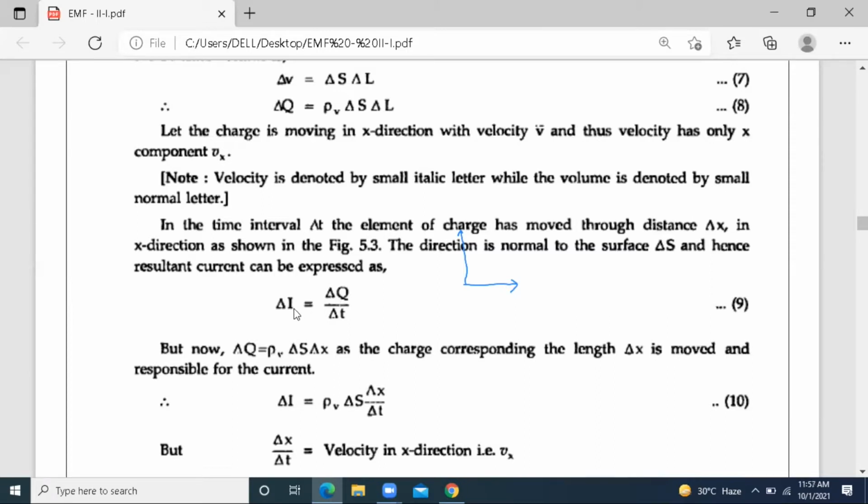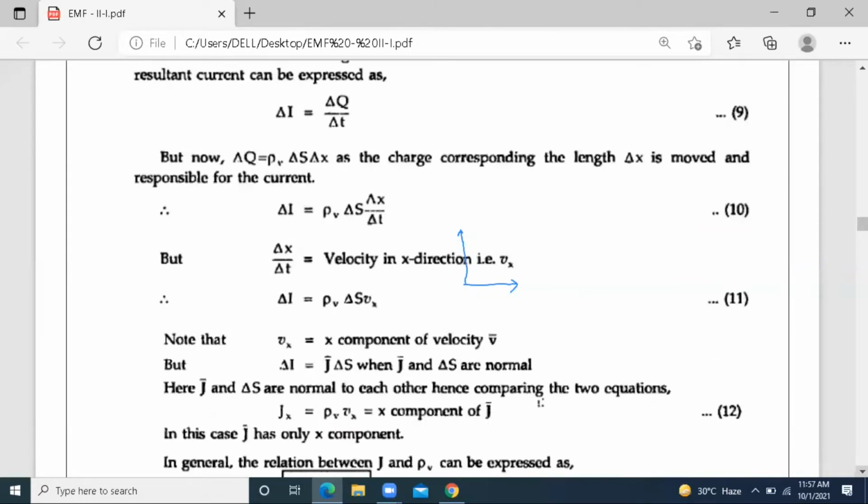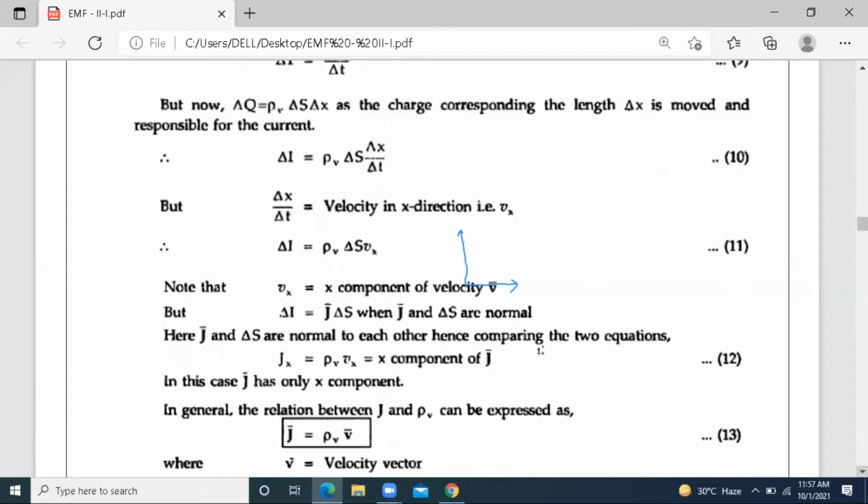And delta I is the charge crossing the surface, delta S. So delta I is delta Q over T. And we already established that this is delta S. So delta Q equals this. Just follow that maths.